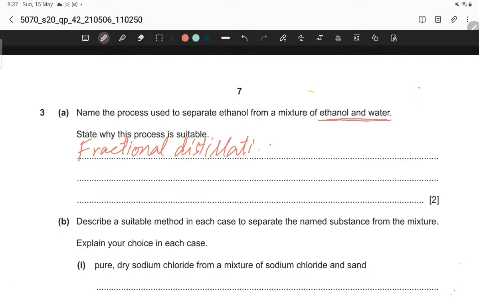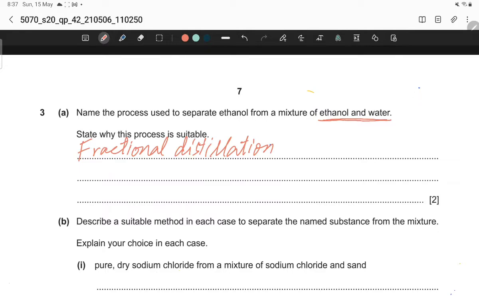Fractional distillation is used to separate miscible liquids based on their boiling points. Ethanol has a lower boiling point than water, so ethanol distills over earlier than water.